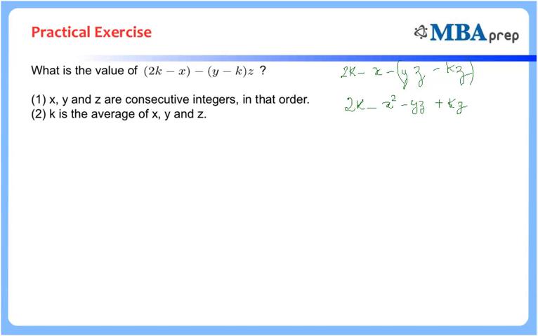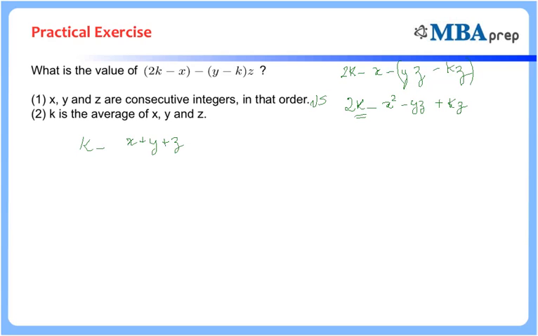So I might say that X, Y, and Z might be said to be A, A plus 1, and A plus 2, but it does not give me any information about K. Not sufficient. Second, K is the average of X, Y, and Z.